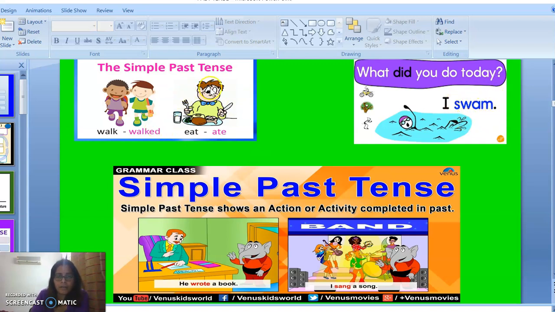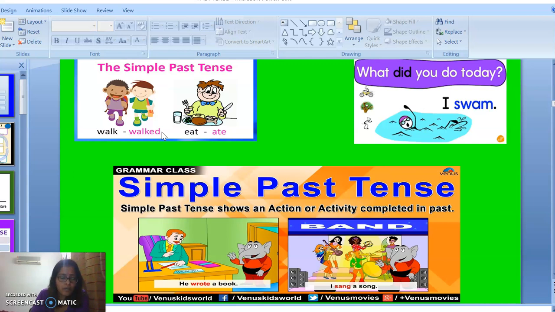So in simple past tense, we will always use verb 2 of the base form of the verb. Suppose this is eat. Eat becomes ate in simple past tense. Similarly, run becomes ran. If walk is there, walk will become walked. I hope I am clear.